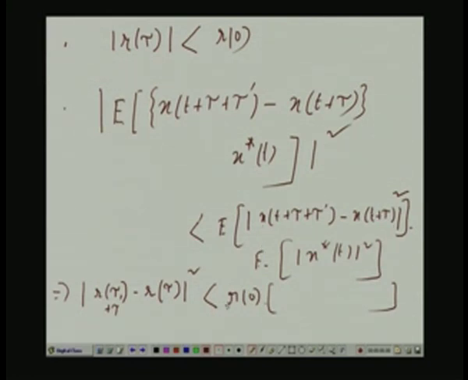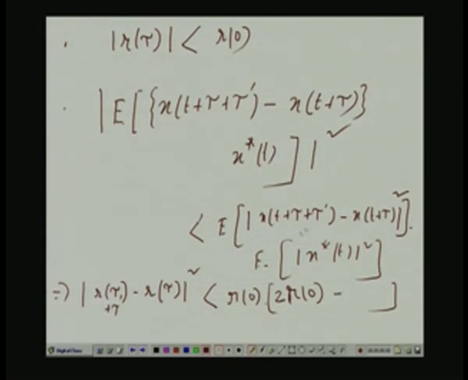So, there will be 4 product terms. First term will give rise to what? x of t plus tau prime times its conjugate. That will give rise to nothing but R 0. Similarly, another term x t plus tau into x t plus tau star will again give rise to R 0. So, there will be 2 R 0, and then there are 2 cross terms.